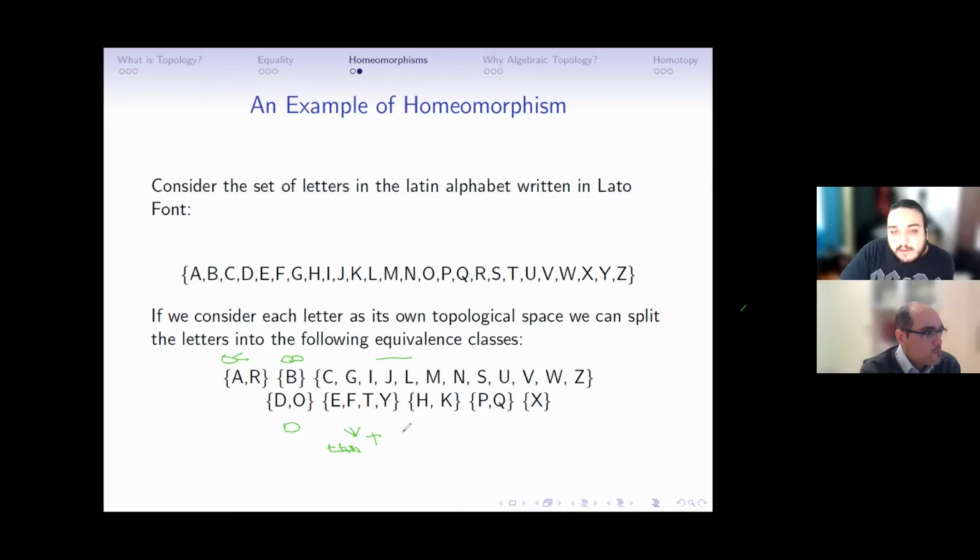And so is Y. Anyway, here we've got two lines and a line connecting them. Here we've got a circle and a single line coming out of it. And here we've got 4 lines. So these are kind of the equivalence classes of the alphabet under homeomorphism.